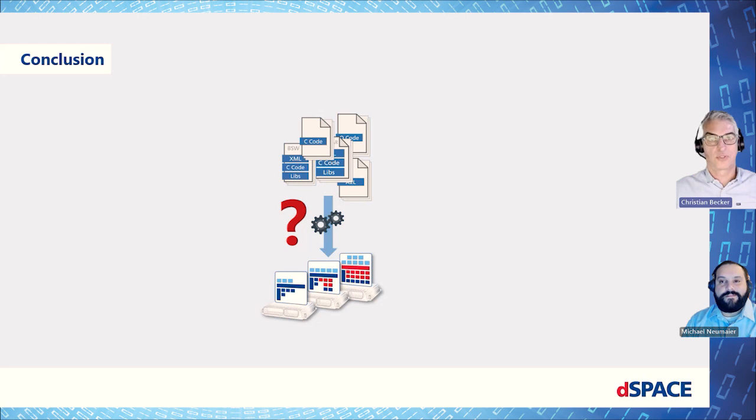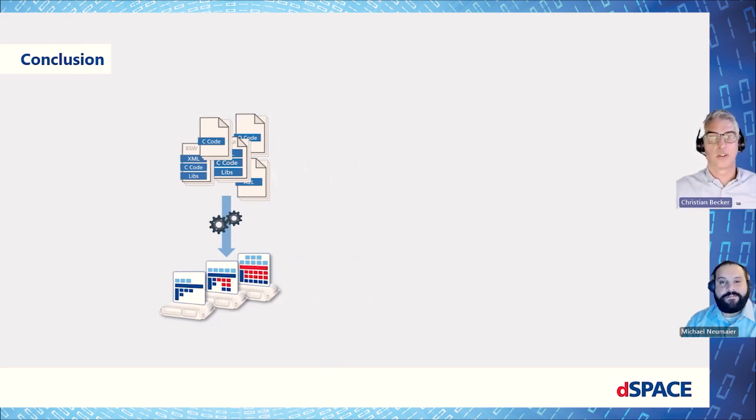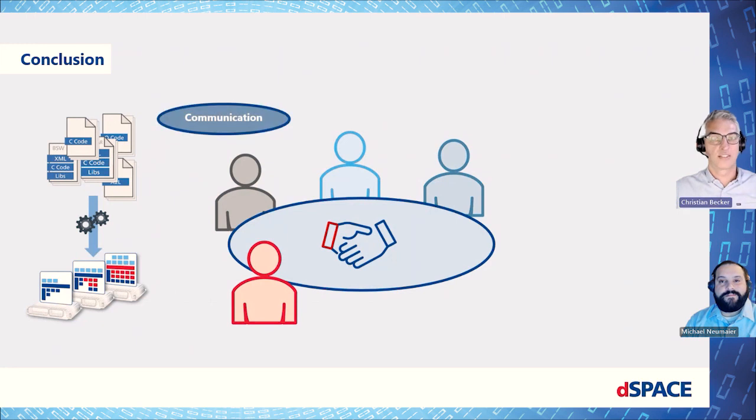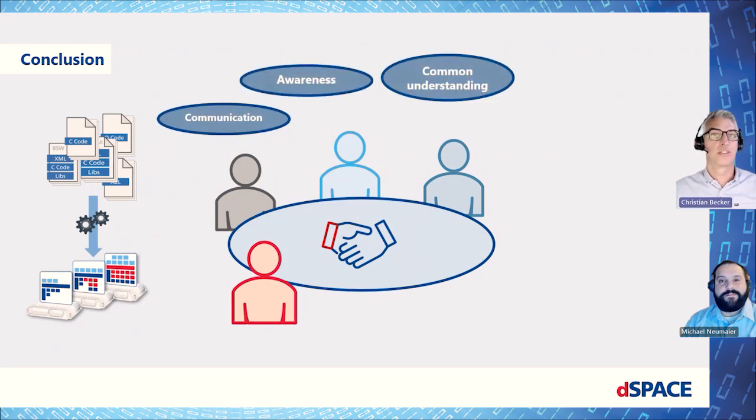But for successful v-ECU projects, further non-technical aspects are important as well. The communication between all parties, awareness about the goals, problems, and what needs to be done, a common understanding. Well, overall, you could say a collaborative mindset is a key.